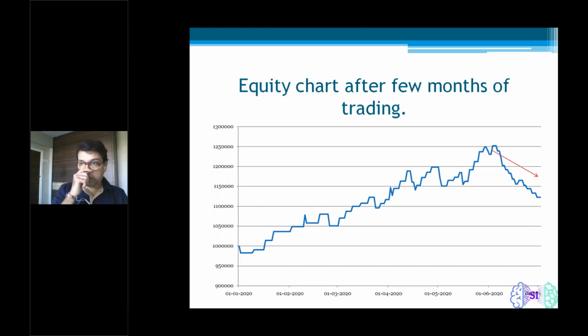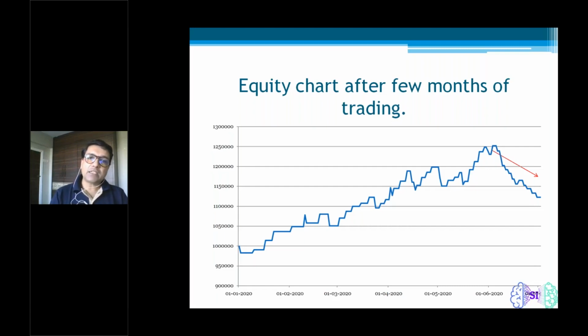Normally what happens is, if the system is not made properly, or if the in-sample and out-of-sample data were not in the right proportion, the moment you go live it may stop performing, and you come to know that the making of the system was not good enough, and you can stop it right there.